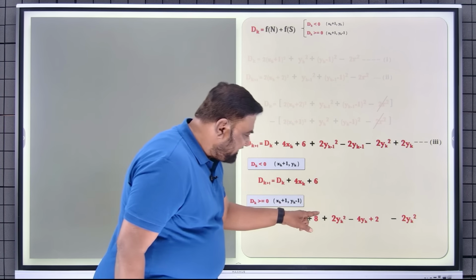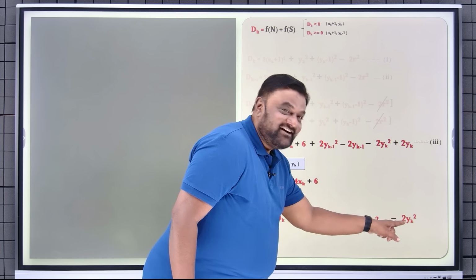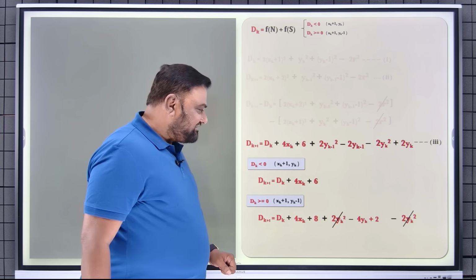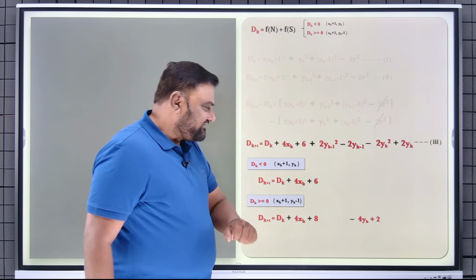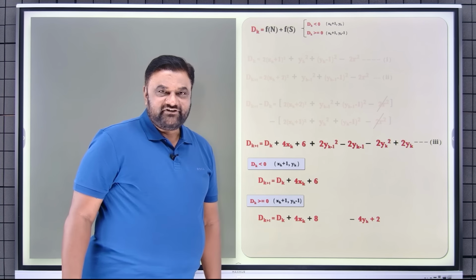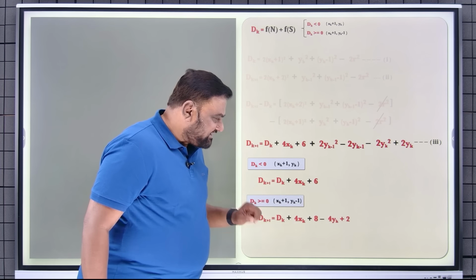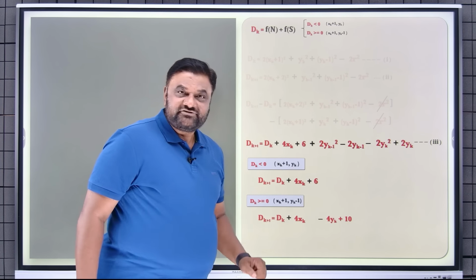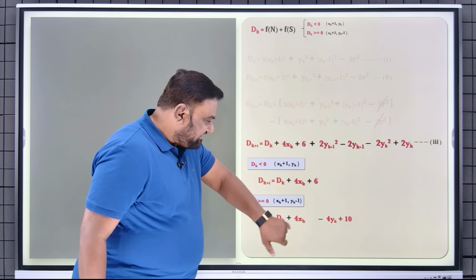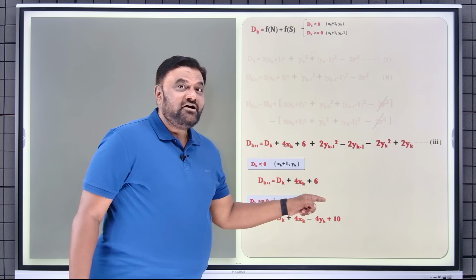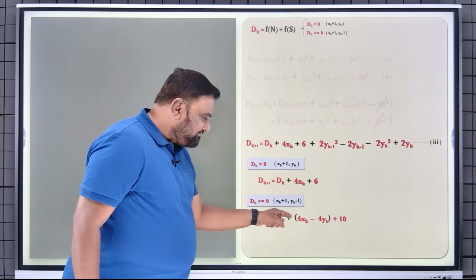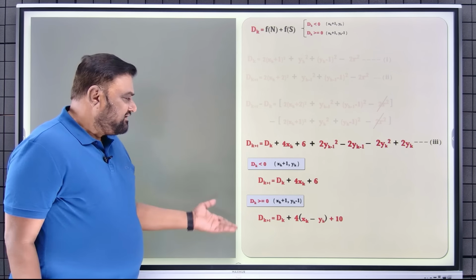Now if you observe plus 2yk square minus 2yk square, this gets cancelled. Then remove this one and this one. Now further simplify it. Let us bring it closer. 8 and this is 2. Add this there. So this becomes 10. Bring it closer. 4xk minus 4yk. So we can put it in bracket and bring 4 outside. This is the equation.